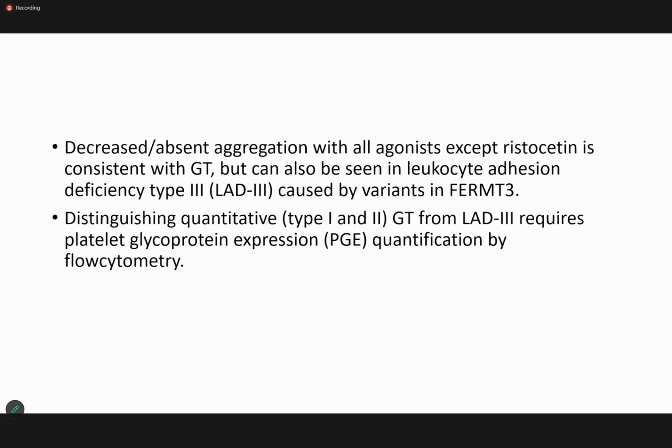To distinguish whether this is Glanzmann or LAD, which is leukocyte adhesion deficiency, it requires platelet glycoprotein expression quantification by flow cytometry. Basically, in Glanzmann there will be a deficiency or no reaction towards 2B3A, but in LAD we have a normal expression of 2B3A.